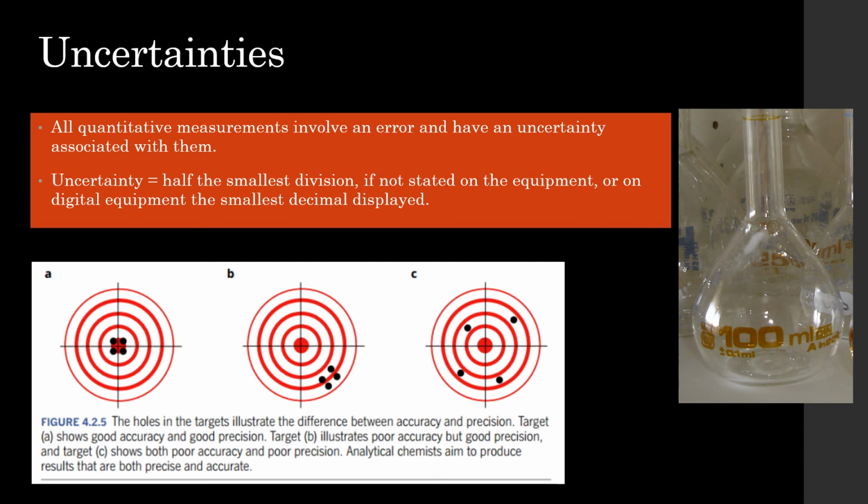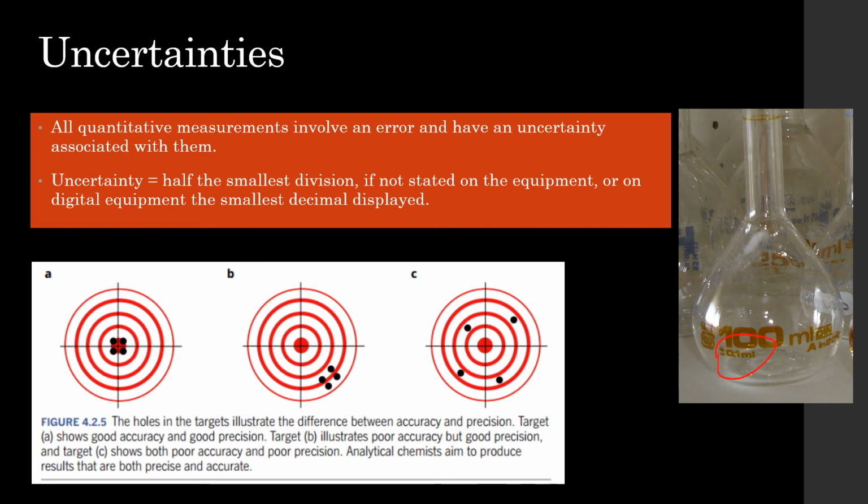Now remember, everything that we do will have some error and uncertainty associated with it. So we do aim to be precise and accurate in our measurements. Generally speaking, your uncertainty is half the smallest division if it's not displayed on the equipment.